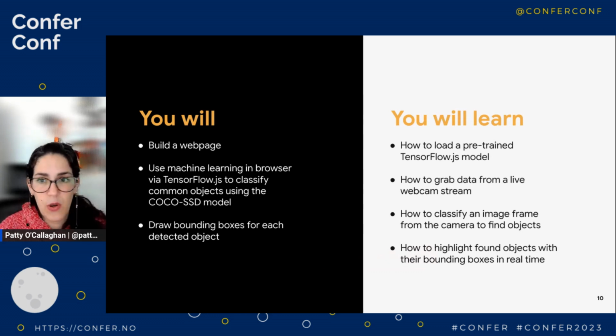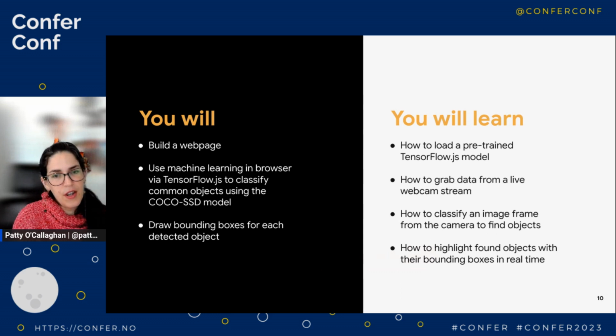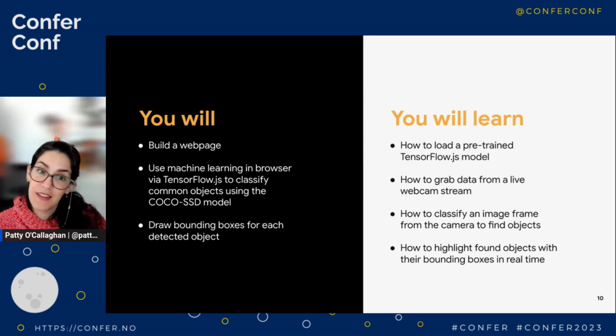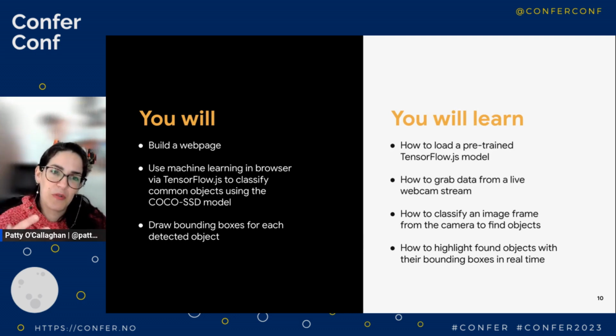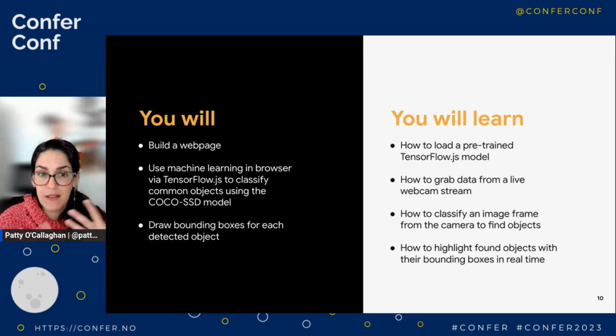Okay, so you're in step 1. Let's talk about what you will learn, and what we are going to do. We're going to build a website, a web page. We're going to use machine learning in the browser, and we're going to talk more about using machine learning in the browser, and all of the benefits and advantages of using it.